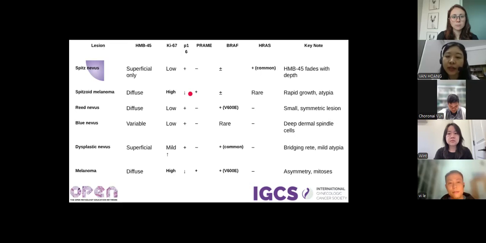If it's from 10 to 30, it's moderate, and it's high if it's more than 30. So it depends on each type of tumor. For lymphoma, it's different. For breast carcinoma, it's different.